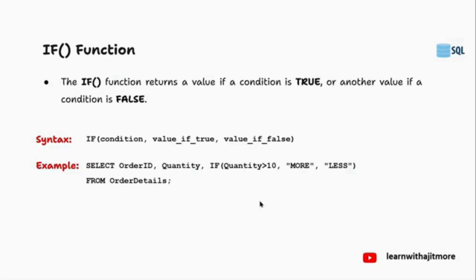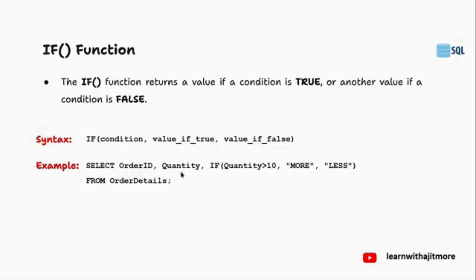Okay, very simple example I'm taking. There is one orders detail table in which there is the order ID and the quantity. And in the third column, we want to display a status, more or less, based on the quantity.